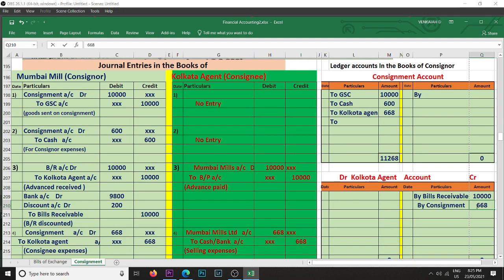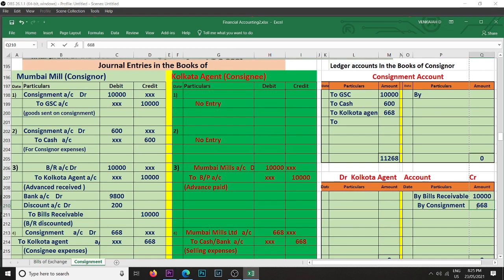Now we will prepare the ledger account of the consignor, that is Mumbai Mills Limited, and the commission account in the books of consignee. Okay. Right.